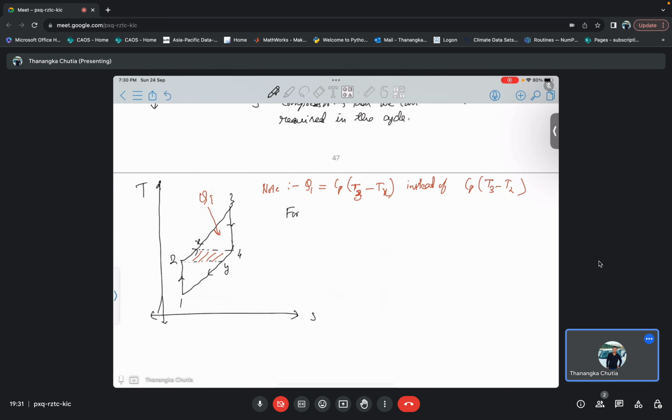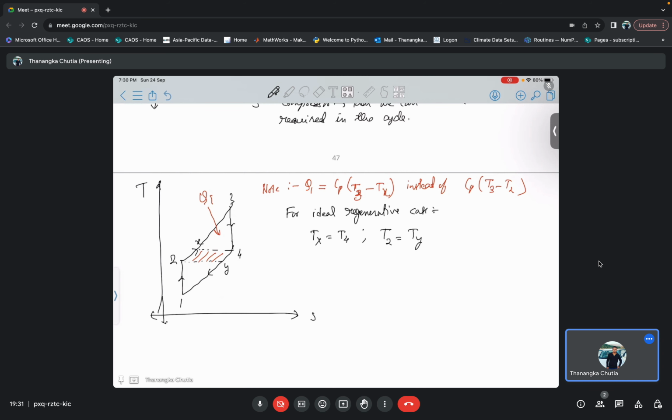For the ideal regenerative case, Tx will be equal to T4 and T2 will be equal to Ty. So that means the total extra amount of heat is getting converted to heating up the air that is coming from the exit of the compressor.